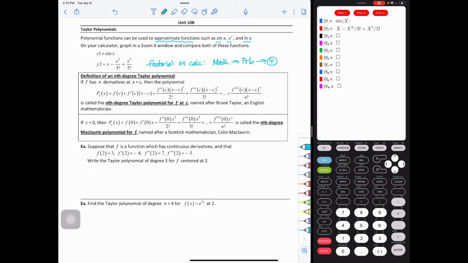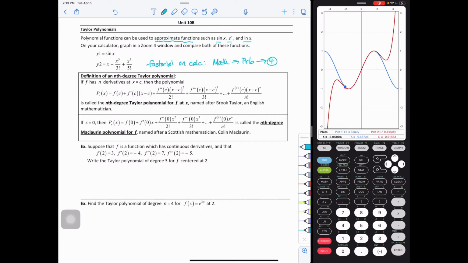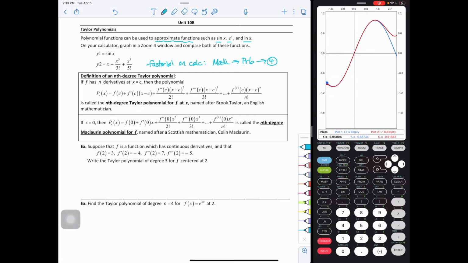Okay, so if I zoom 4, you can see here that the graphs overlay each other when you get pretty close to, you can see the values right here. In this window, they overlay each other.